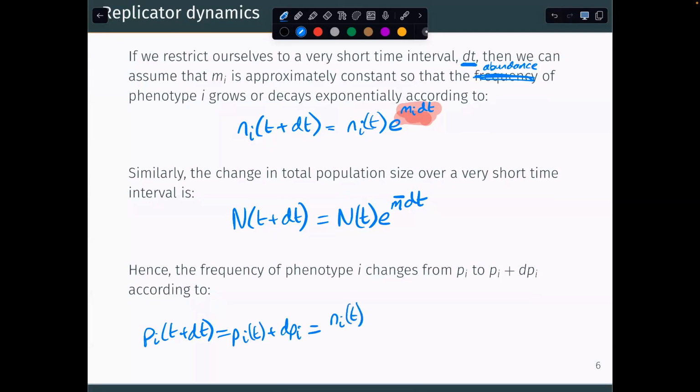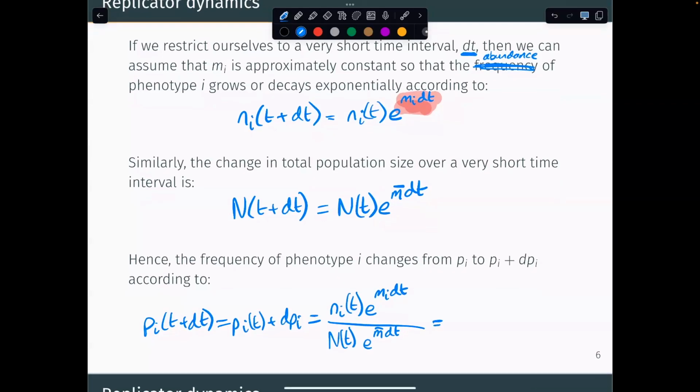It's just ni of t e to the mi dt divided by the total population size, N of t e to the m bar dt. You see if the population size here is constant, then this simplifies greatly, but we don't know that in general. It might not be constant in general. So we've got an ni of t over N of t, so that's just going to be pi of t.